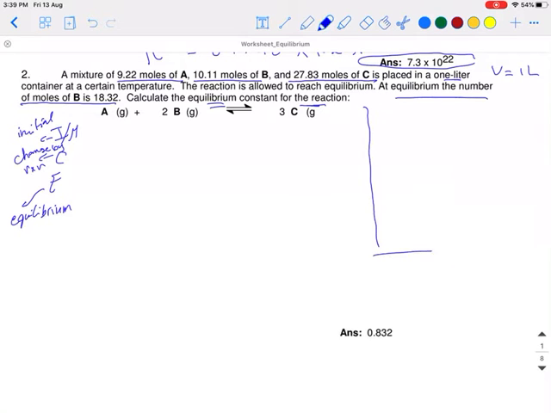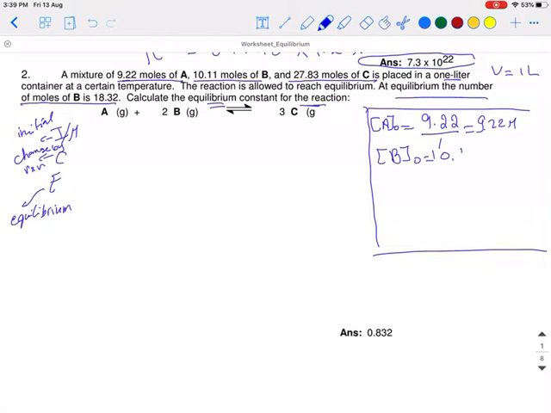So let me find the initial concentrations for each one. The initial concentration for A is the number of moles, 9.22 over 1, which is 9.22 molar. The initial concentration of B is 10.11 over 1, which is 10.11 molar. And the initial concentration of C is 27.83 over 1, which is 27.83 molar.